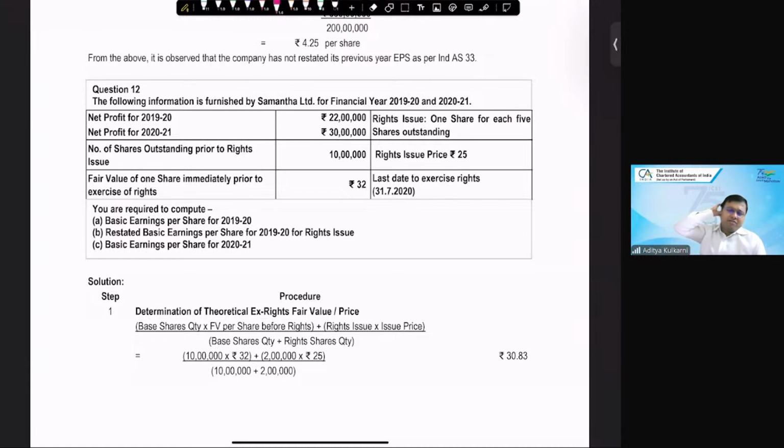What is the meaning of rights issue? Anyone? Preemptive rights to fresh issue of a company. Okay. That means, see, whenever a company wants to raise capital, it just cannot go to outsiders and issue the shares.